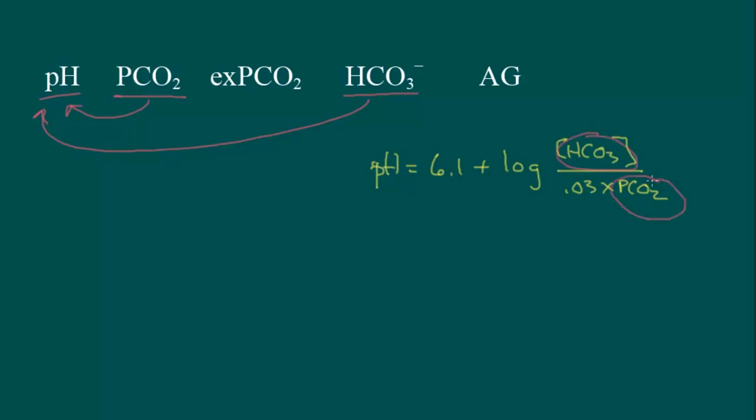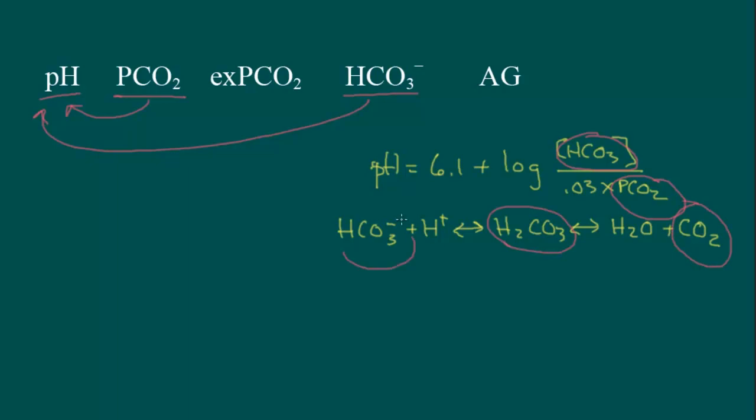And you might wonder, well, why is that so? The reason is because we have a bicarbonate buffer system in our bodies. If you look at this bicarbonate buffer equation, you can see carbon dioxide on the right, carbonic acid in the middle, and bicarbonate on the left. And this set of equations are all in equilibrium.